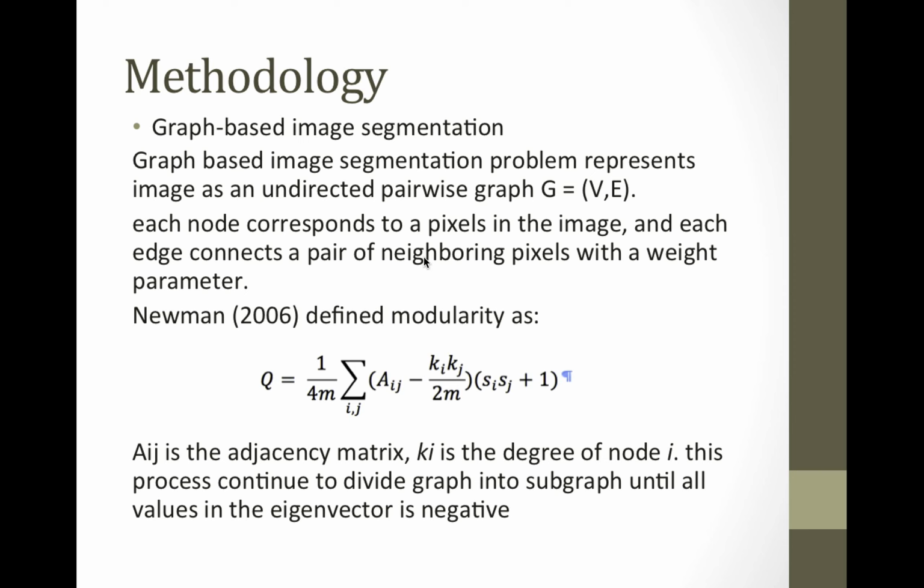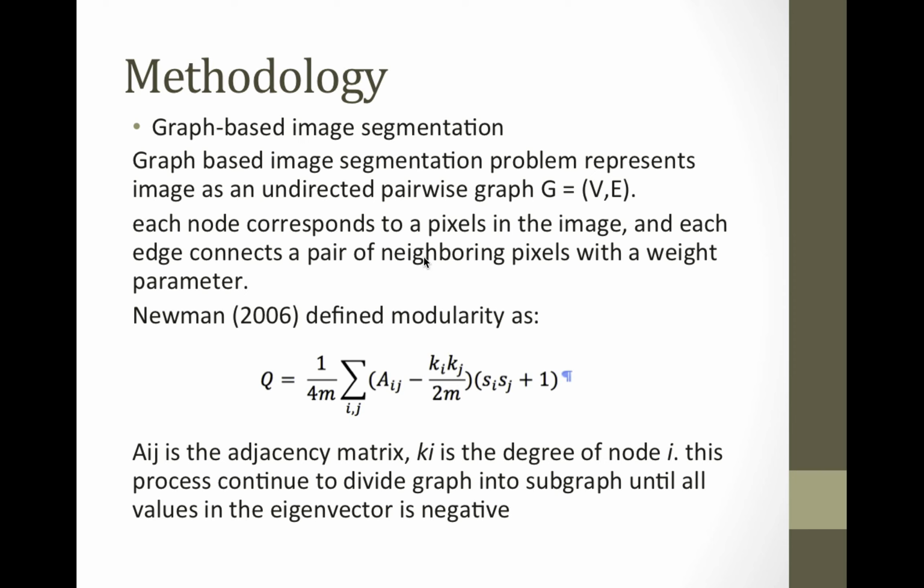In order to calculate the modularity of the graph, this function will be calculated iteratively to find the matrix Q, and then I apply an eigensolver to solve the eigenproblem of matrix Q and find the largest eigenvector.